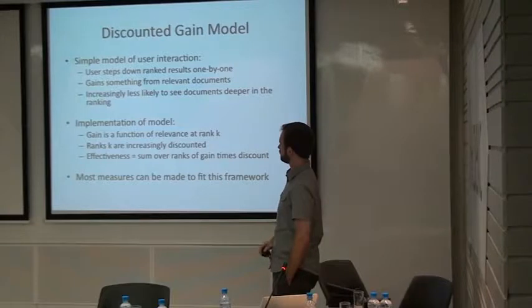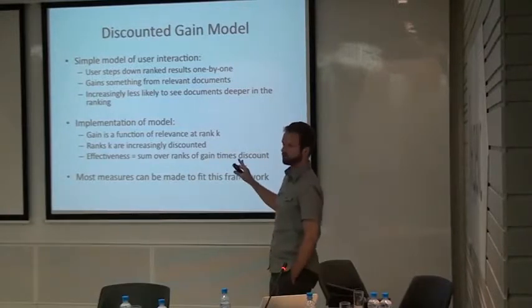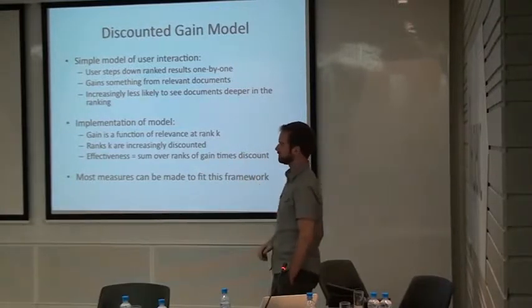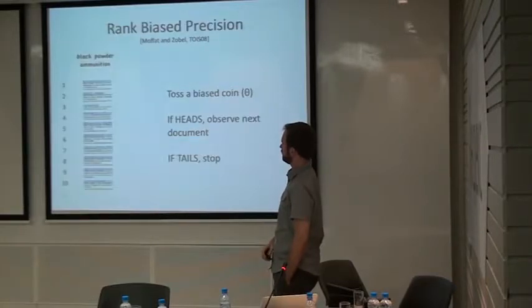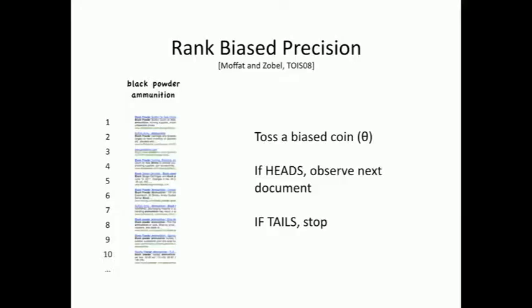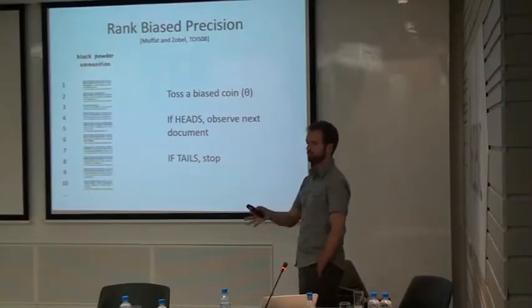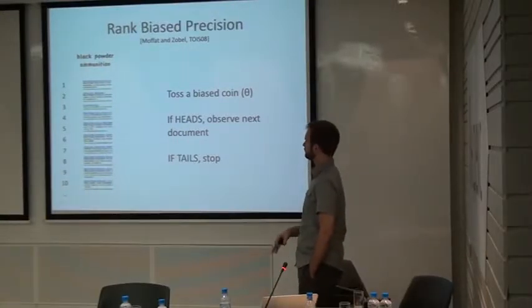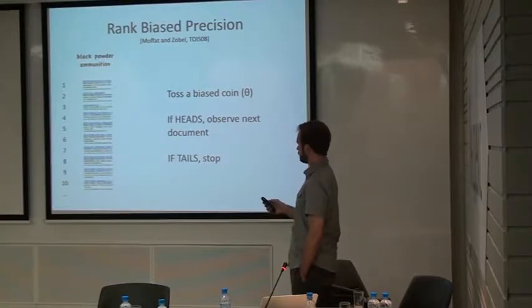And this model is usually implemented using a gain function of the relevance judgment of the document at rank K, a discount function of ranks, and then the effectiveness measure is defined to be a sum over ranks of the gain divided by the discount. So that's explicit in the DCG formulation, and it's also in the RBP formulation and all these other measures as well.